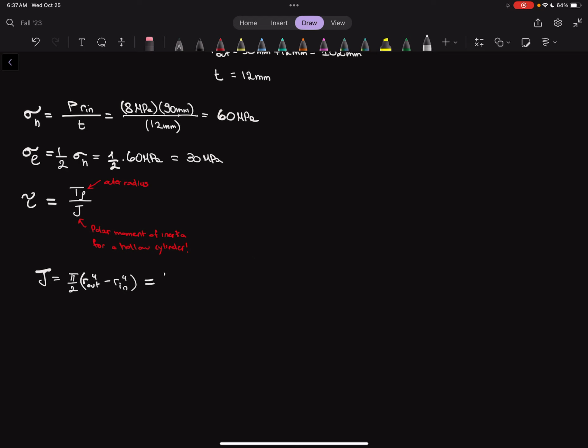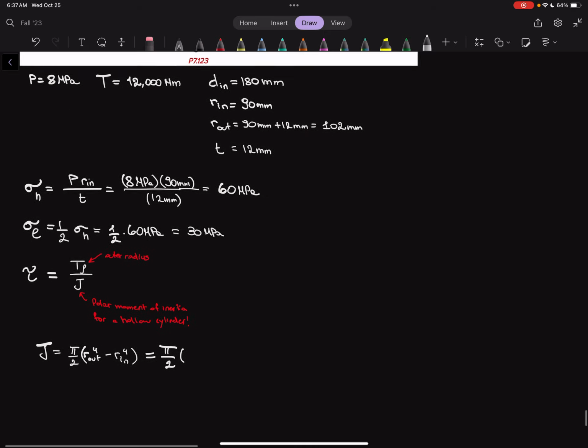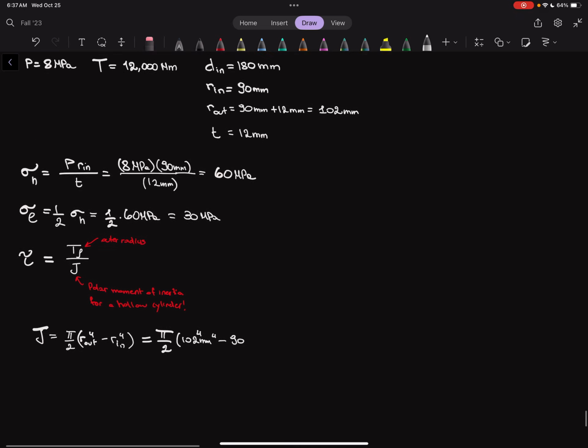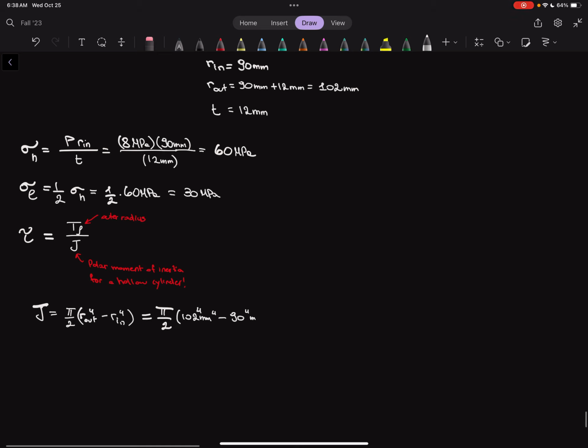So that's going to be pi over 2 times R out, which is 102 millimeters to the 4th, minus 90 millimeters to the 4th.